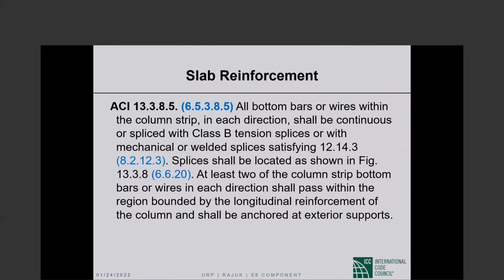Okay. This is, I think, rather different from everything else that we are discussing in connection with slab reinforcement. This is what we call structural integrity reinforcement.